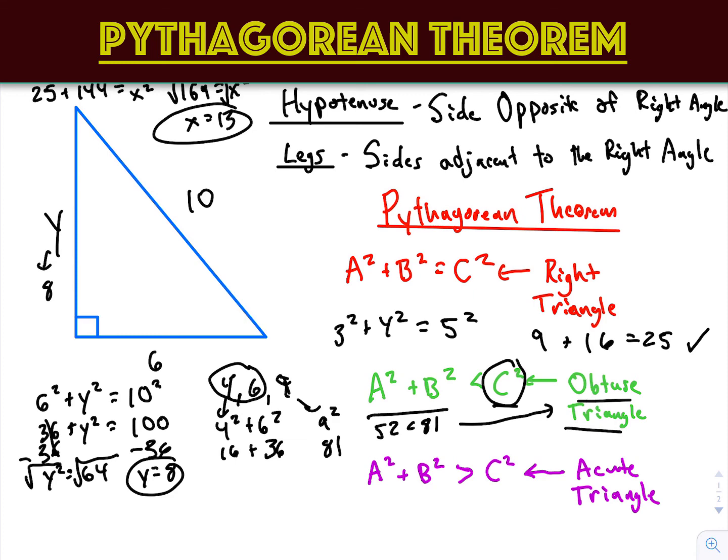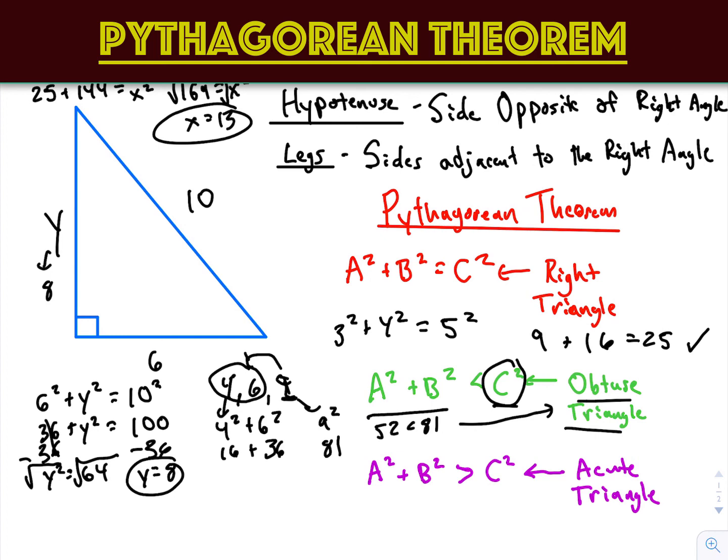If I have a super big side length, 9 is substantially bigger than either 4 or 6. This means that I likely have an obtuse triangle. And I can actually do the math: if the sum of the two smallest sides squared is smaller than the largest side squared, that means I have an obtuse triangle.